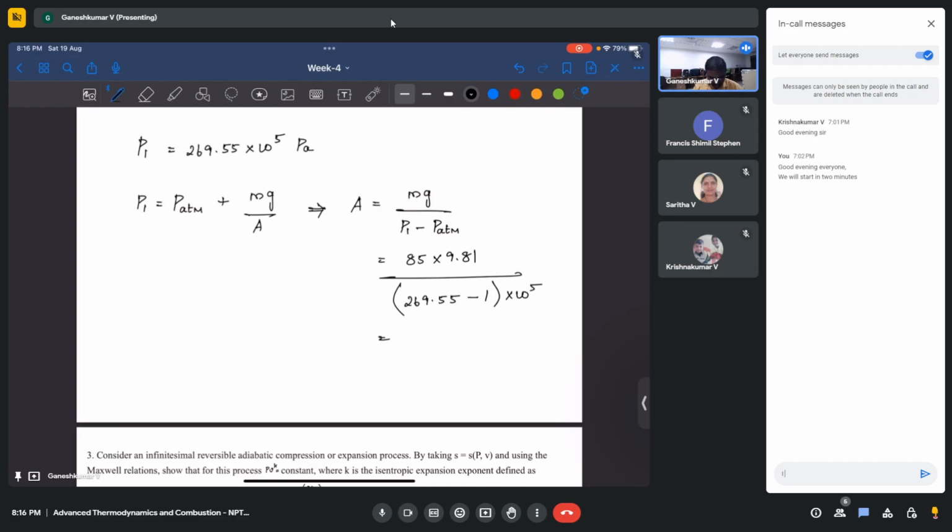How much is the area coming around? I'm getting something around 322 into 10 power minus 7. I'm not sure whether you are also getting the same results.